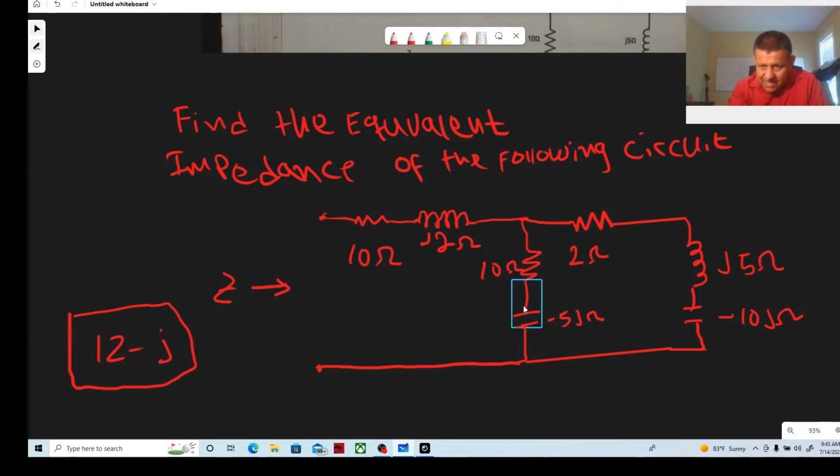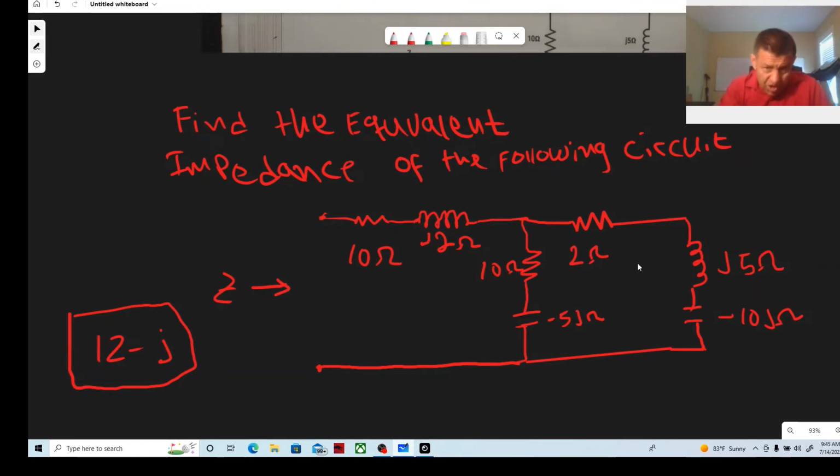So this is in series, and this with this, the whole thing is in parallel. It will be a series-parallel circuit, and of course this is in series, so that makes a series-parallel circuit.